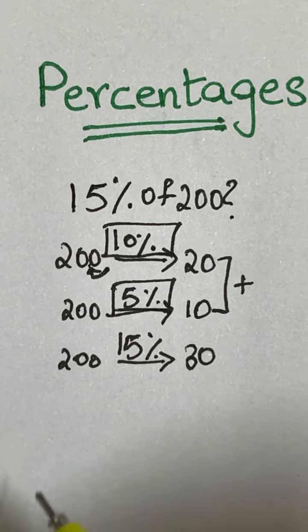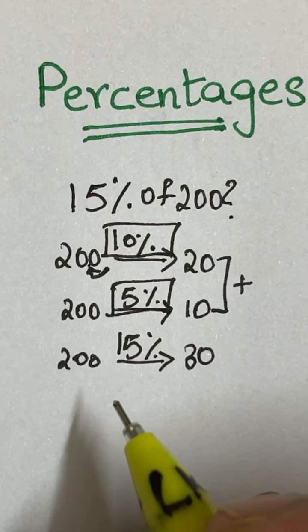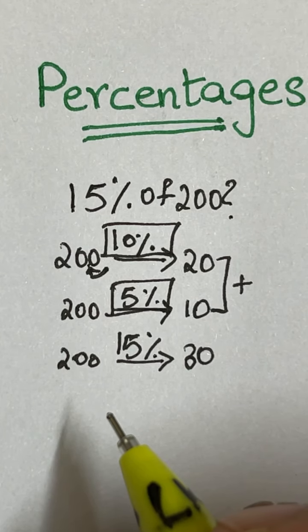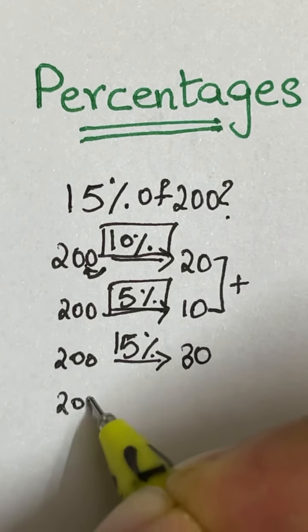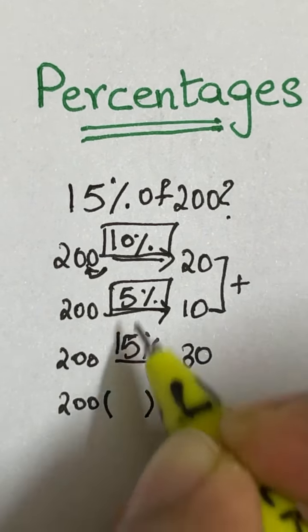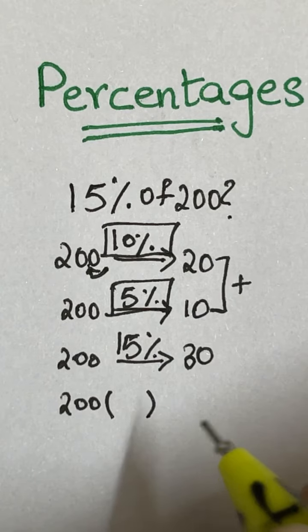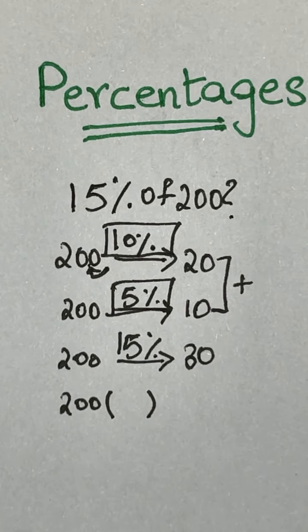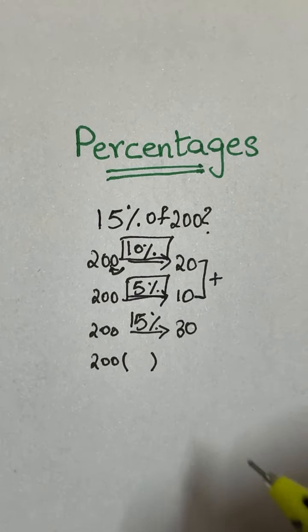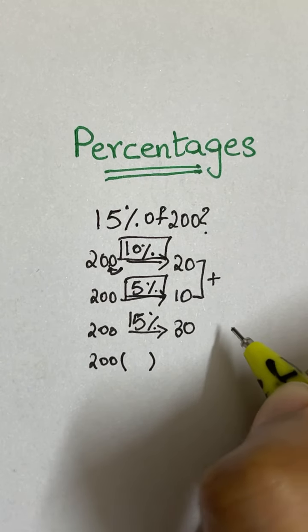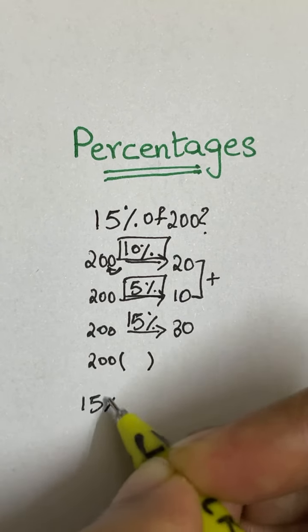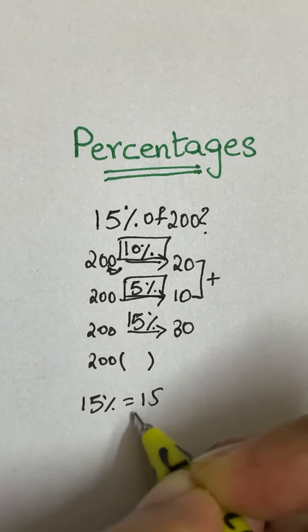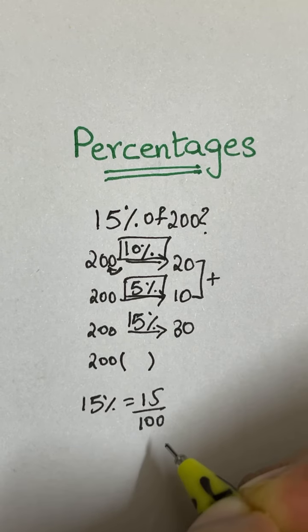And using your calculator, you can confirm what is 15% of 200. That would just be 200 multiplied by 15% in decimal. How do you write 15% in decimal? I'll show you. Suppose you have 15%. So 15 per 100, 15 out of 100.